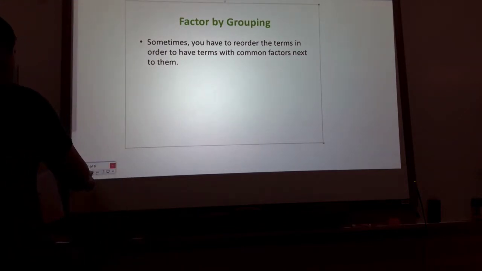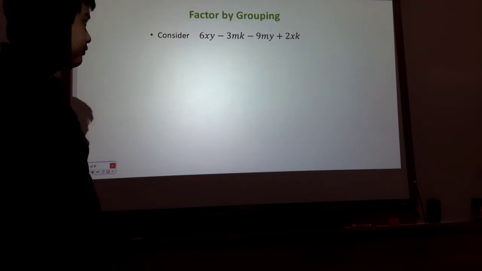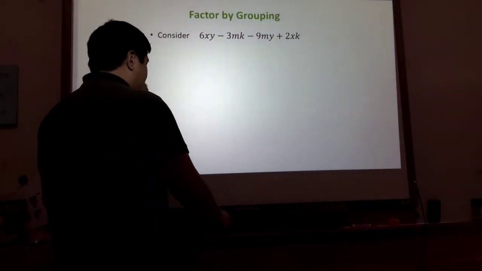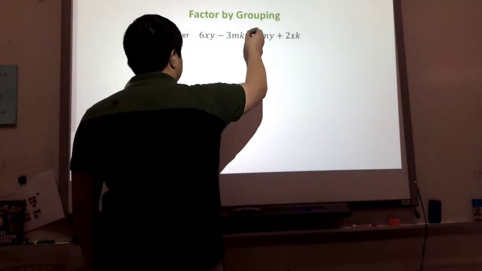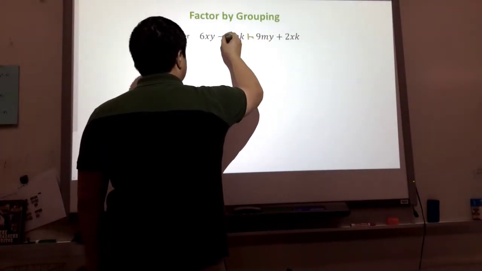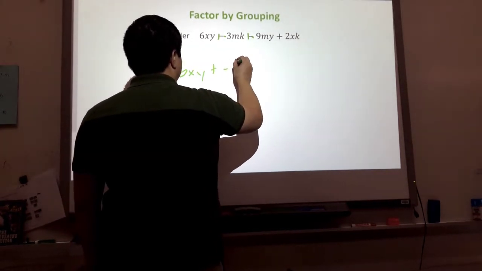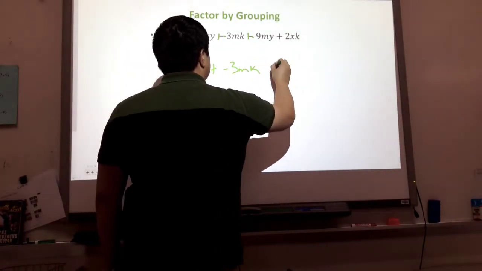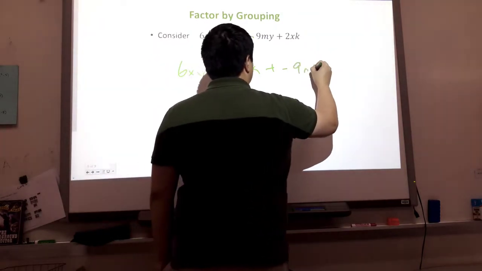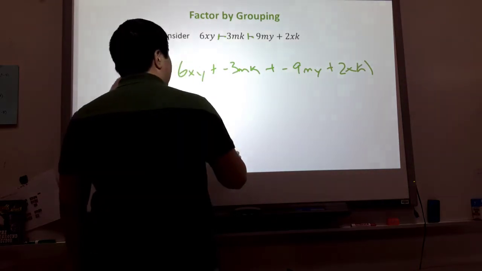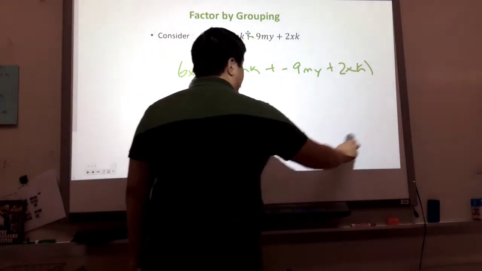An example of this is right here. If I were to try to factor this by grouping, I would be changing this to addition of the opposite, so that'd be 6xy plus negative 3mk plus negative 9my plus 2xk. And then we would do factoring by grouping.